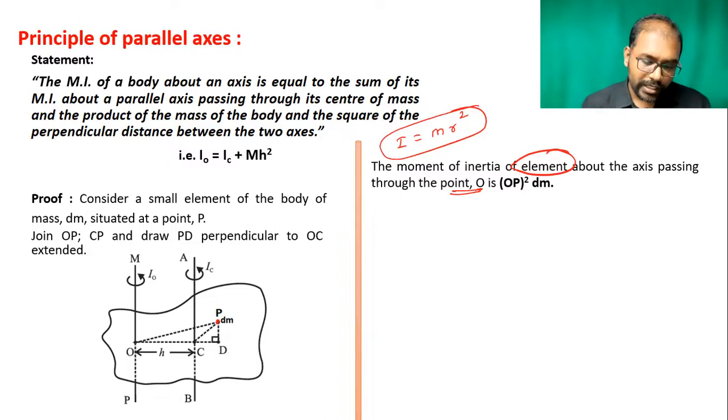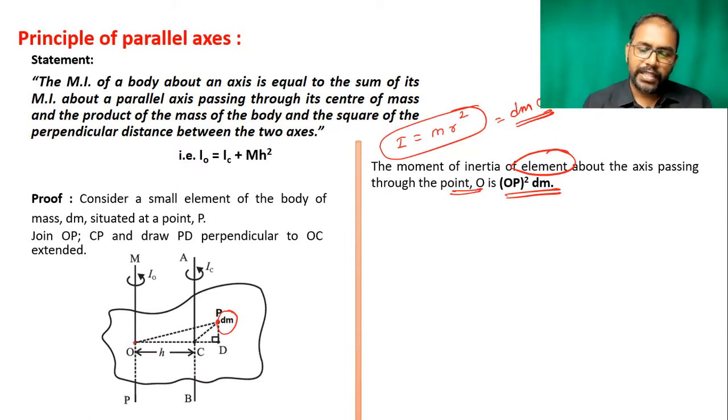This is the moment of inertia of this element present at P, whose mass is dm. The distance of this from the axis passing through point O is OP, so dm into OP square. I have written here OP square dm. Now this is for a single particle, the moment of inertia of a single particle about an axis passing through point O.